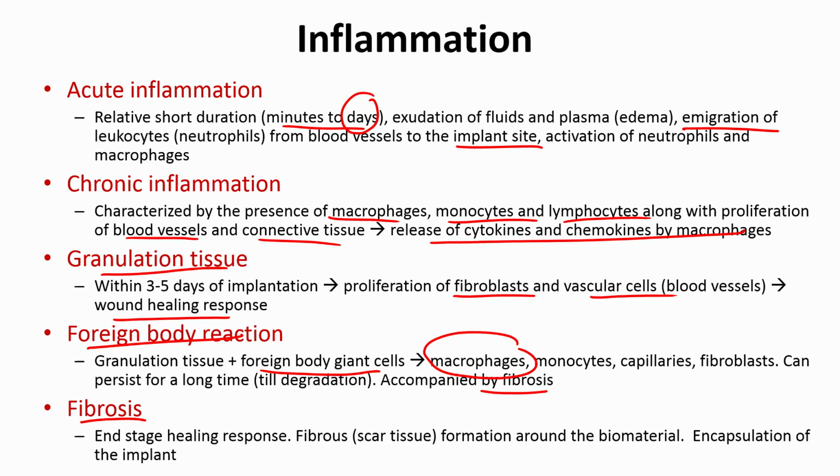So what it is doing is just encapsulating it and isolating it from the rest of the body. If this is my implant, what the body is doing now is walling this off with lots and lots of cells and extracellular matrix, which are being produced by these fibroblasts, and this is essentially depositing a thick layer around it. Now the body has protected the rest of the body from anything that was here.